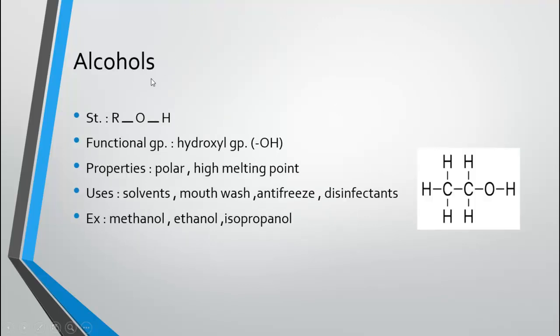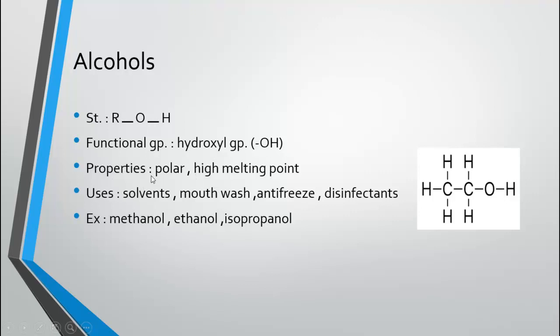The second substituted hydrocarbon is the alcohols, and alcohols have the structure ROH. R refers to the hydrocarbon, and it is bonded with an oxygen and a hydrogen atom. It's called the hydroxyl group, so the functional group in alcohol is the hydroxyl group, OH.